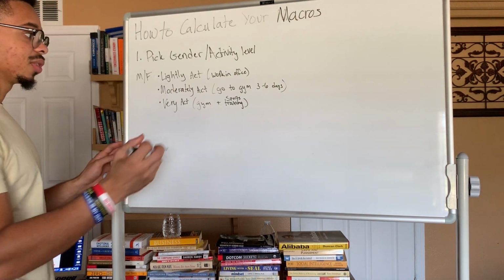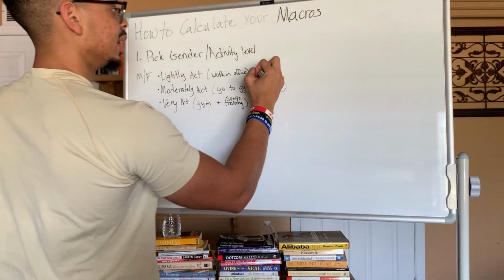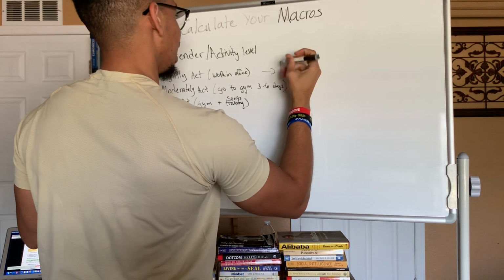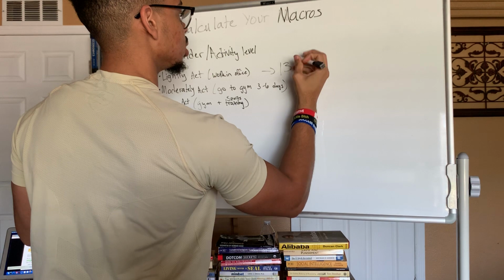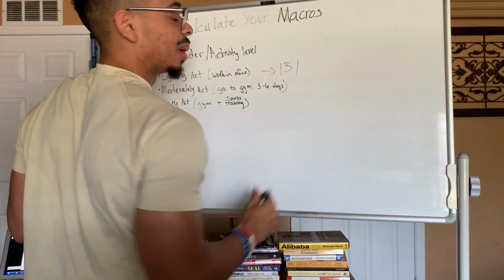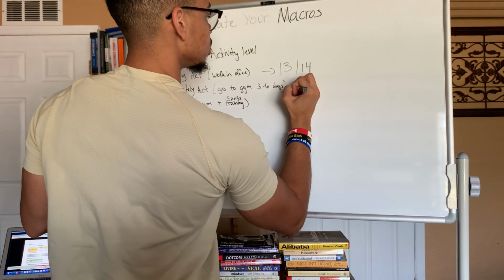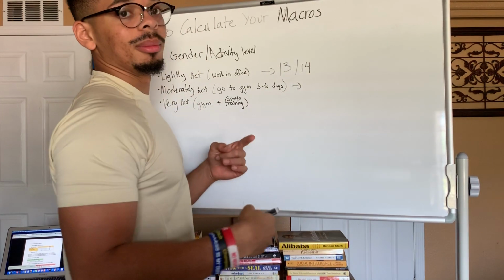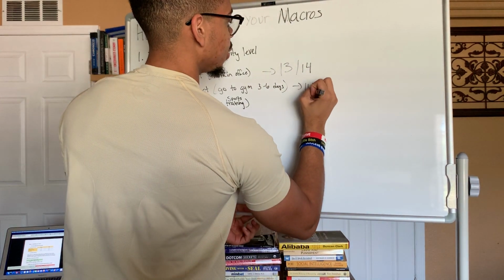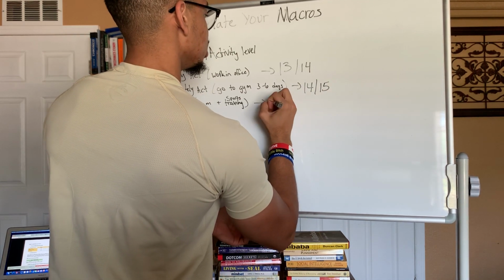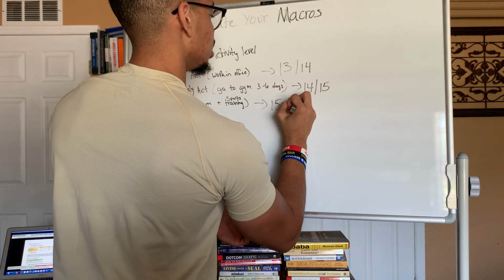Okay, now the numbers for that, I'll just put them right here. If you're lightly active and you are a female, you're gonna be picking 13. If you're a male, 14. And then we're just gonna go up by 1. So female, 14, male, 15, female, 15, male, 16.